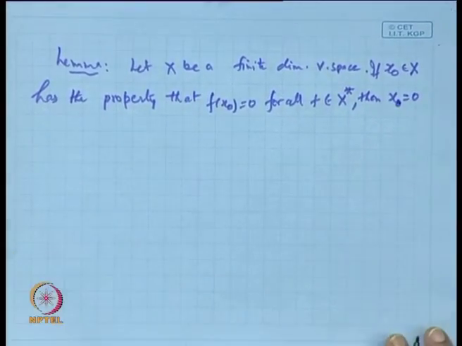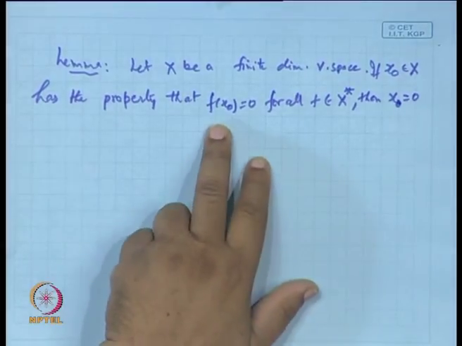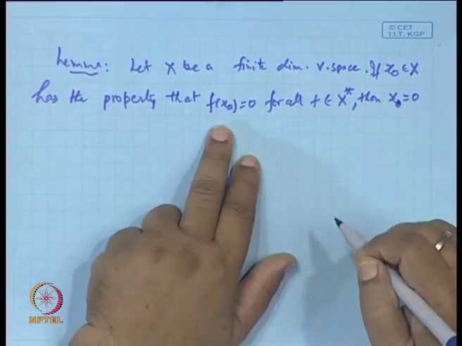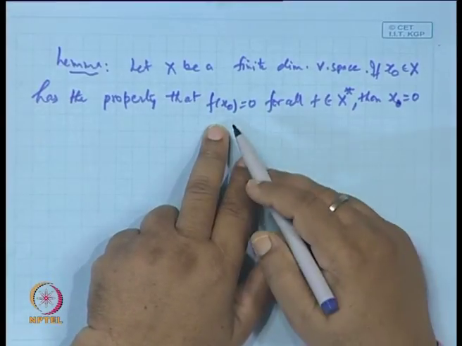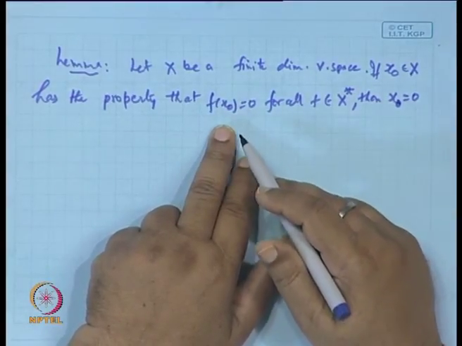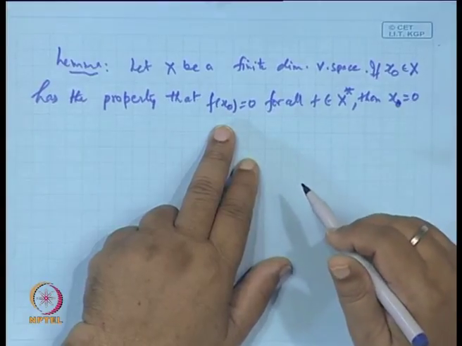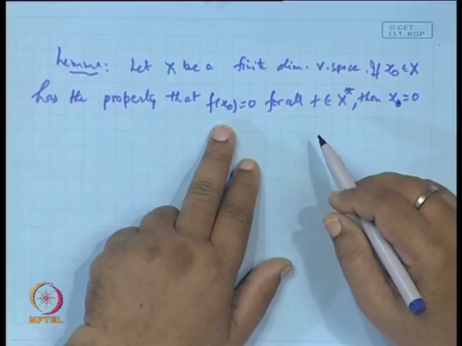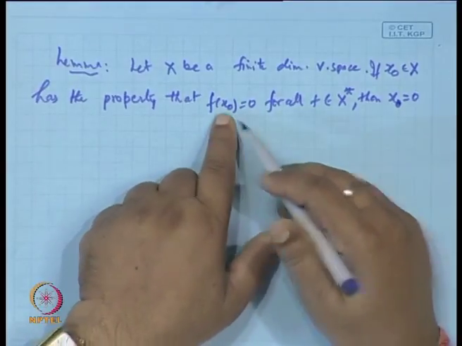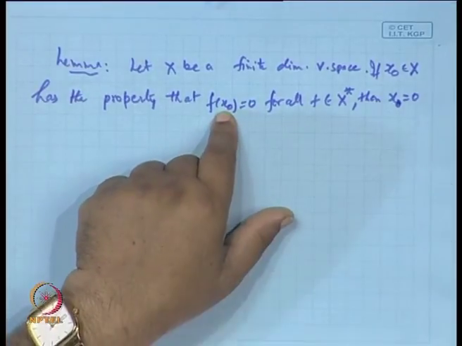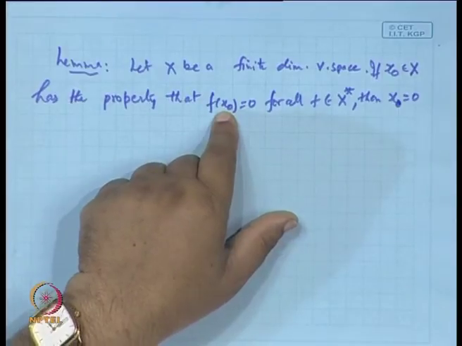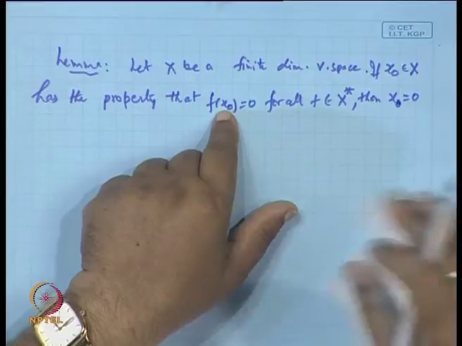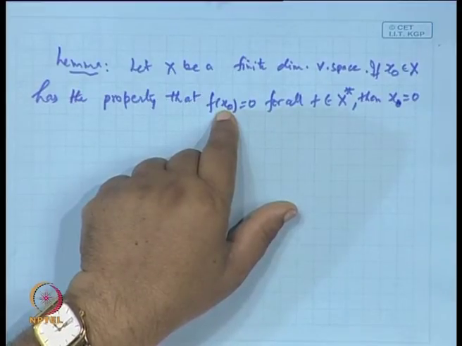So, what is this property? Suppose x is a finite dimensional vector space and x naught is an arbitrary point on it. If the image of this point under f is 0 for all linear functionals defined on x, then this is only possible when the point x naught is 0. Means there is no non-zero point whose image will always be 0 for all linear functionals.